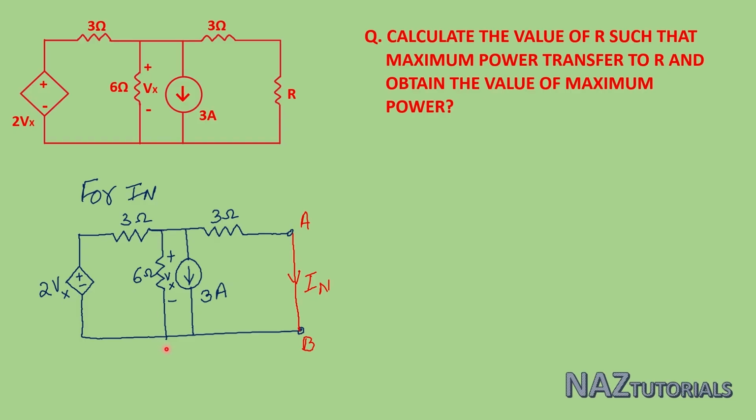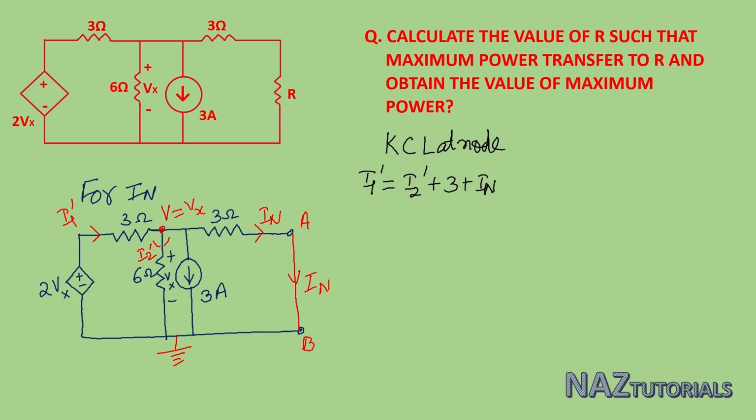Here this node is 0 volt, and assume this node as V volt, which is equal to Vx. Assume branch currents I1 dash, I2 dash, and this 3 ohm current will be Norton's current IN, and apply KCL.